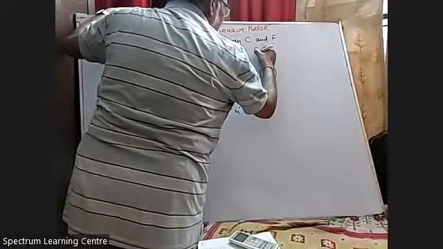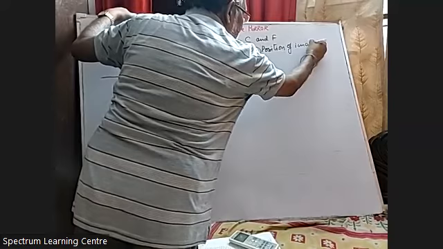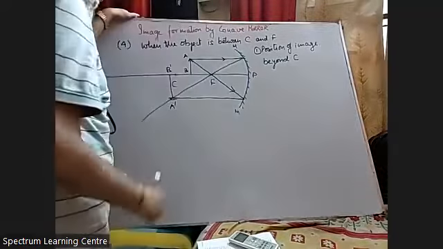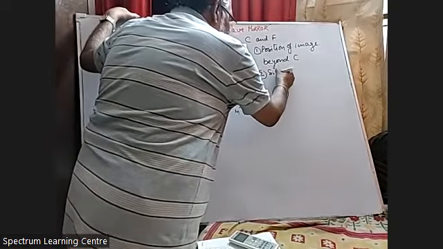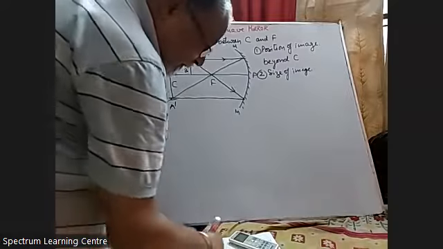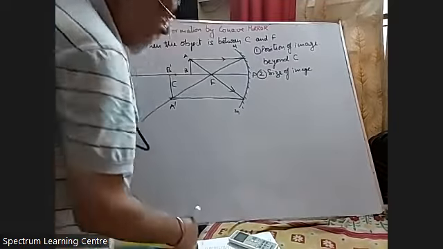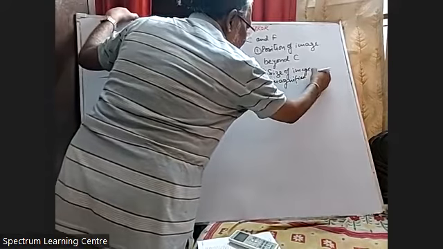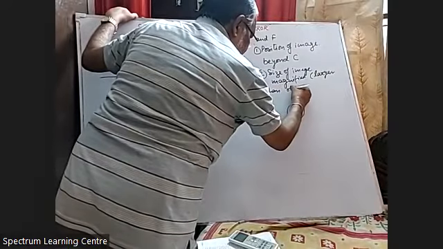So I'll write here position of image: beyond C. I'm writing only C, but you should write center of curvature and then C. Size of image: magnified, that is larger than the object.